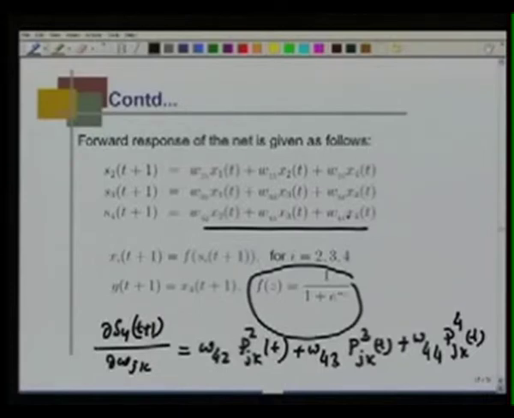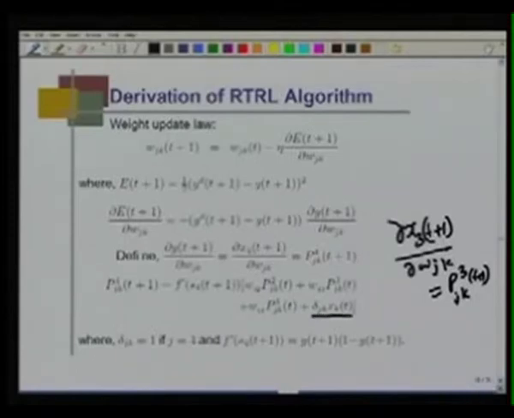If that is the case, then obviously if it is 42, the differentiation of this will also give x2 at t, or if jk is 43, then the differentiation with respect to w_jk besides this term is also x3 at t. So, this is the last term: delta is 1 if j equals 4, and then this is 1 times xk, that is either x2 or x3 or x4.